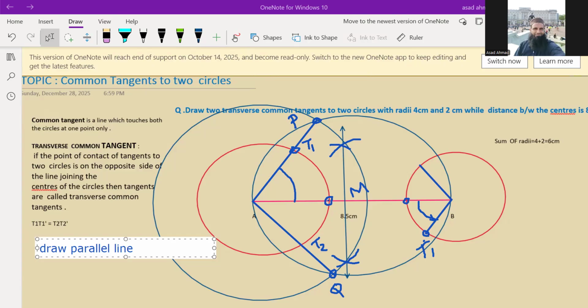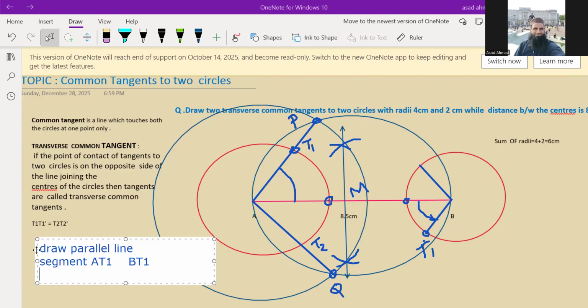Which parallel lines? Line segments. Which line segments? You have to draw AT1 parallel to BT1 dash, right? B to T1 dash.